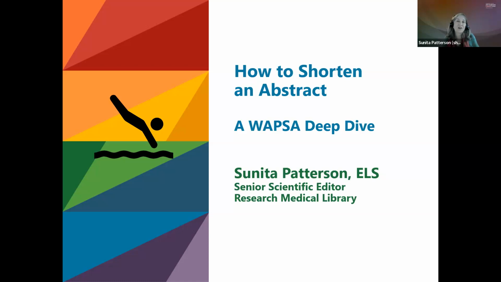It focuses on one of the most common problems people have when they're preparing an abstract: the first draft is almost always way too long for the word limit that the journal or the conference is asking for.